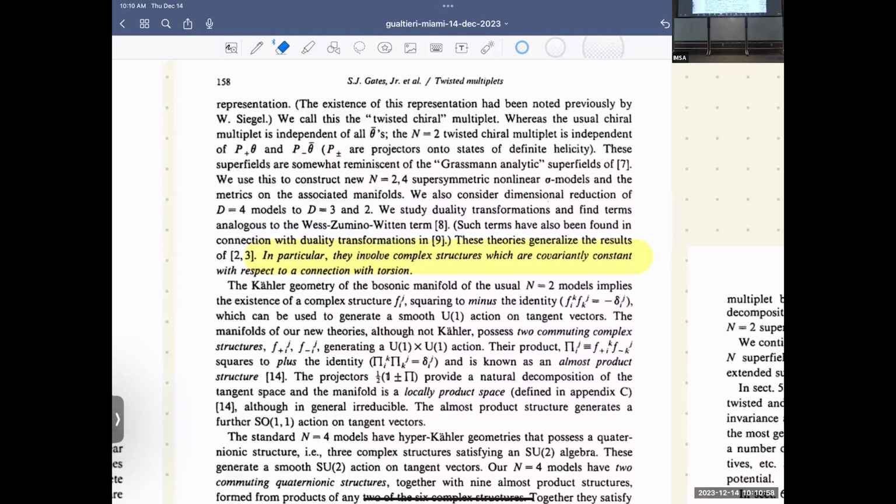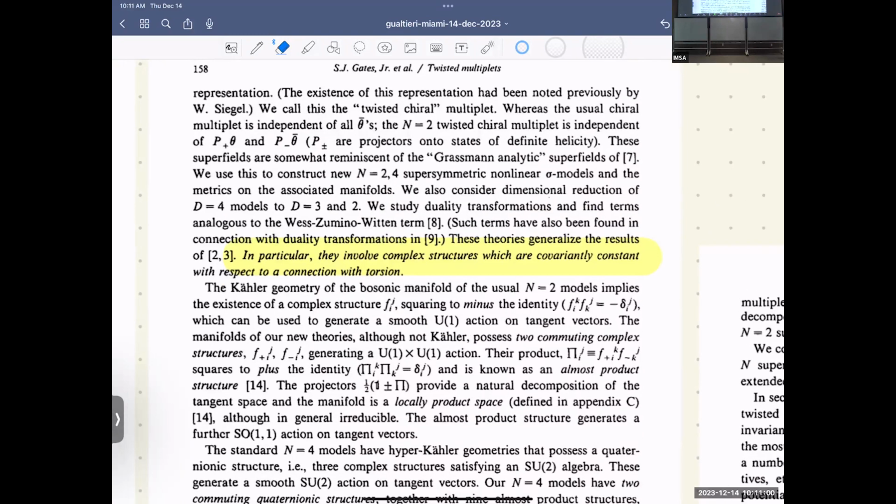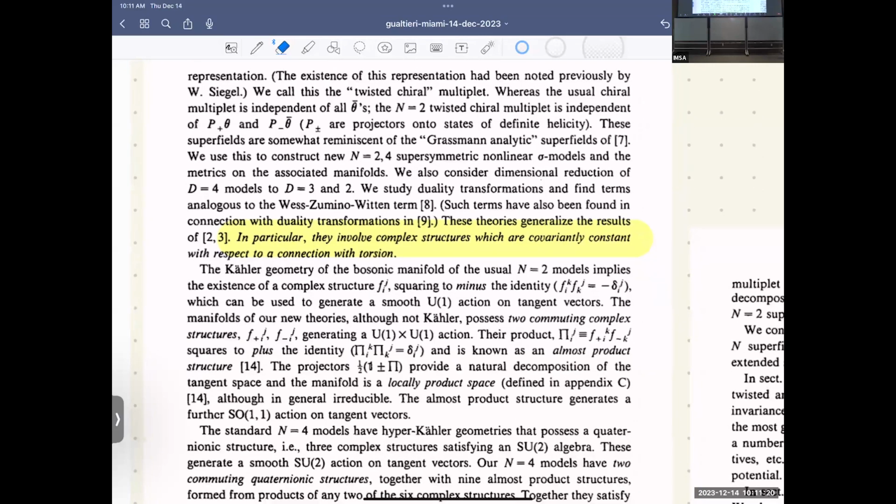And they mention here, in particular, they involve complex structures which are covariantly constant with respect to a connection with torsion. In the Kahler case, we have only one complex structure. In this case, we apparently have more than one complex structure, as they mention in the plural. And in the Kahler case, it's covariantly constant with respect to Levi-Civita, and here it's a connection with torsion.